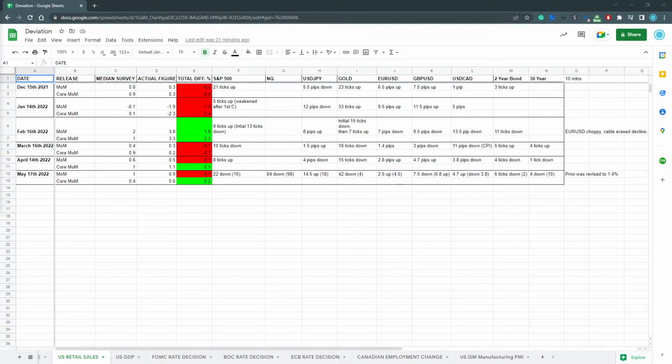Not only do I provide you with the deviations for the upcoming releases, but I also give you an insight into what to expect for those releases, and news-wise what's been going on and how that's affected the market to a degree. That's also provided on Sunday as part of the mailing list. Of course, if you don't want me to quickly rush through this, which is what I usually do, you can have access to that every Sunday to look at the deviations in more detail and gain a better understanding of what to expect for the week ahead.